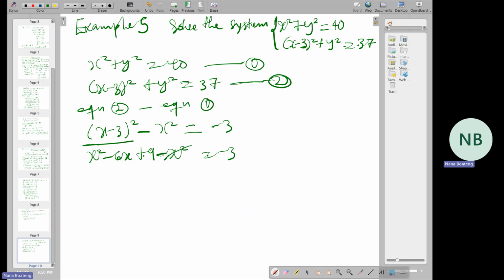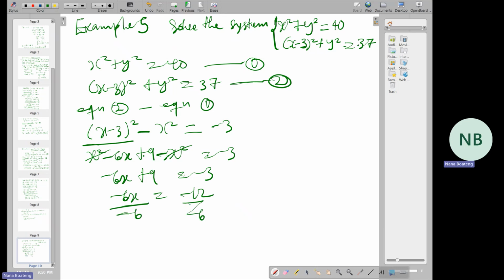So x squared minus x squared goes to 0, so we have minus 6x plus 9 is equal to -3. And if we subtract 9 on both sides, we have minus 6x is equal to minus 12. We can divide both sides by -6.